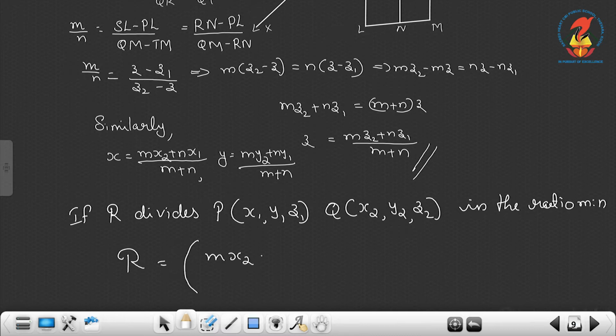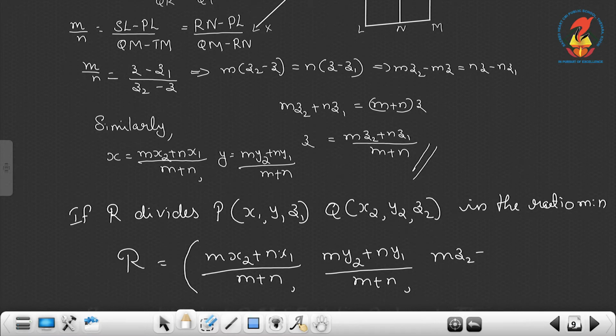The first coordinate is (mx2 plus nx1) by (m plus n), and (my2 plus ny1) by (m plus n), and the third coordinate is (mz2 plus nz1) by (m plus n).